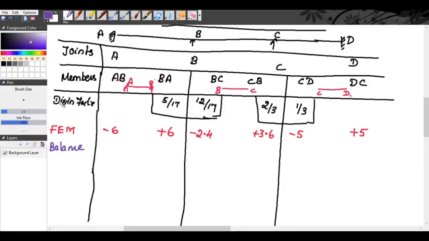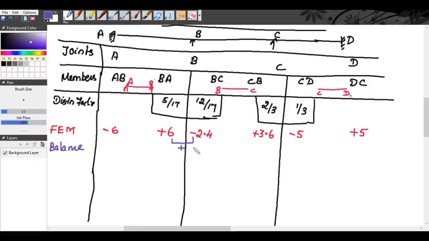Here you add these both: plus 6 minus 2.4, we get 3.6.